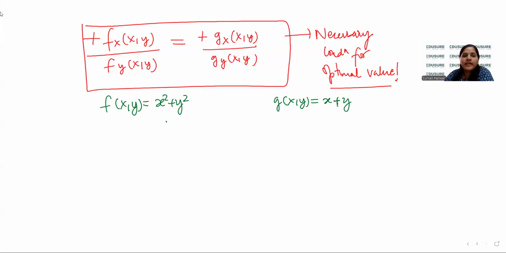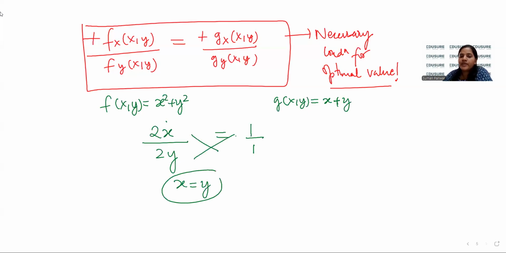So if we put in the first derivatives, that is going to be 2x by 2y equals 1 by 1. So that would imply that x equals y. And we know that x plus y was equal to 1. So x plus x was equal to 1. So 2x equals 1. So x equals half.